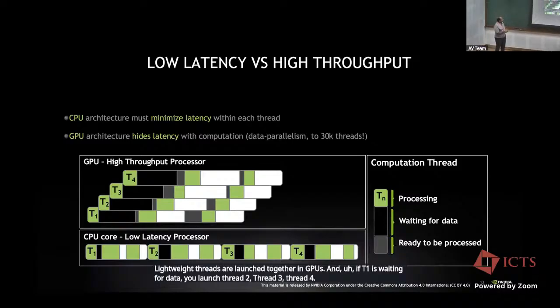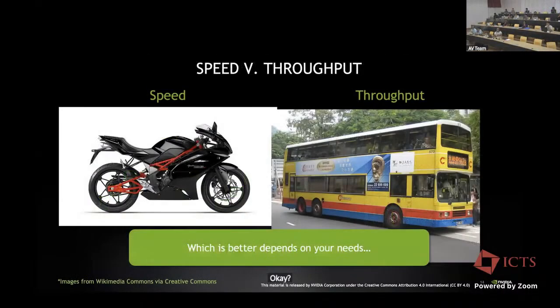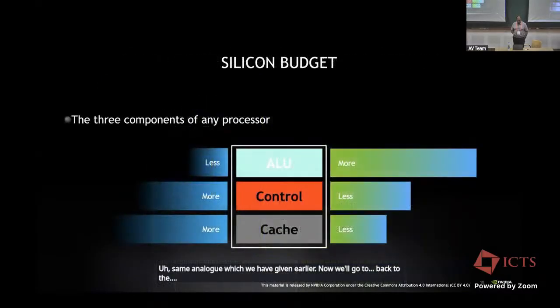By the time, you see that thread 1 is already beginning to get its data back. Even more, you can launch many more threads. Same analogy which we have given earlier. Now we'll go back to the previous slides.